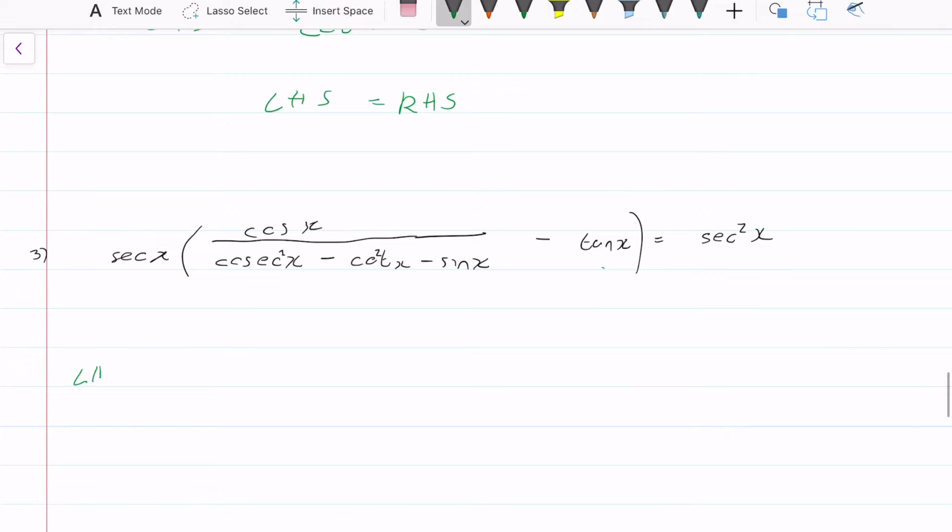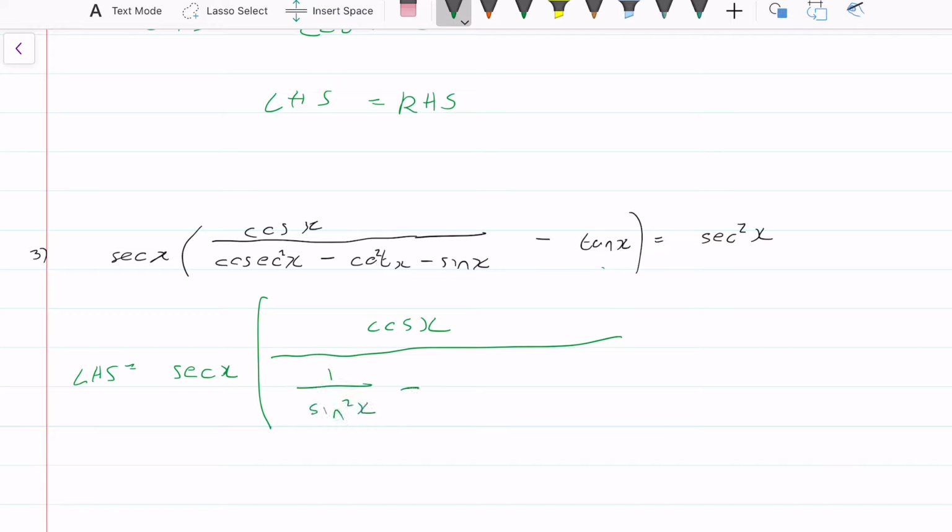So the left-hand side is equal to sec x cos x over cosec squared x, which is 1 over sine squared x, minus cot squared, which is cos squared x over sine squared x, minus sine x, and we have a minus tan x as well.